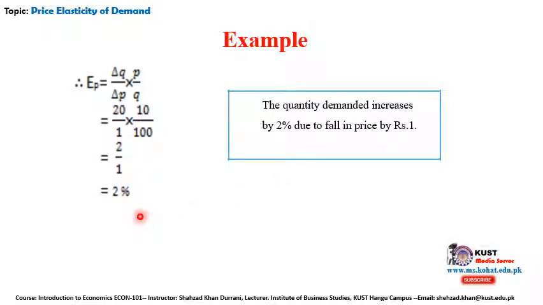If you are reducing the price by rupees 1, the quantity demanded will increase by 2%. From 100 to 120, by just reducing rupees 1. And this is called the price elasticity of demand.